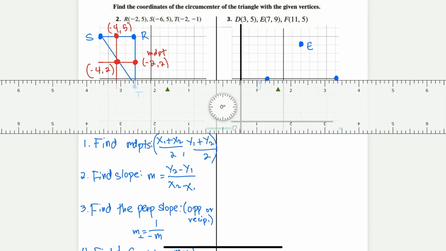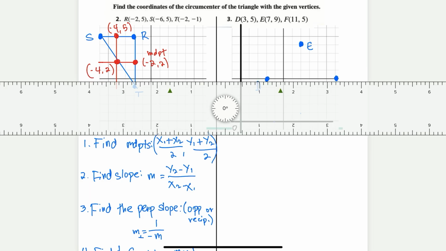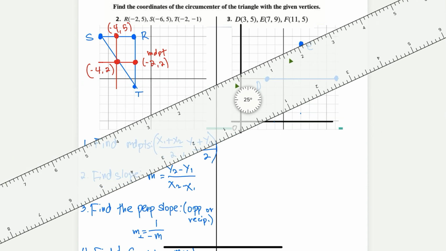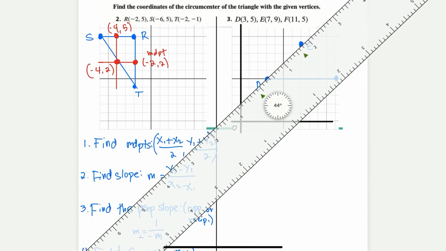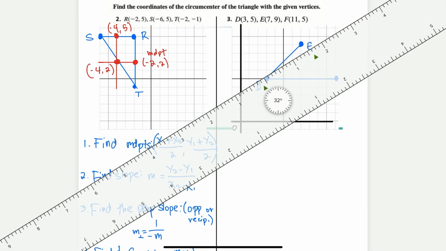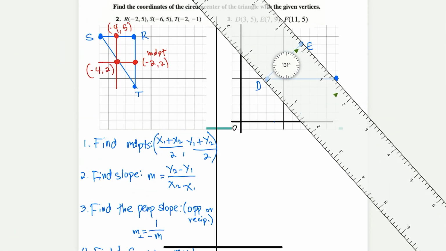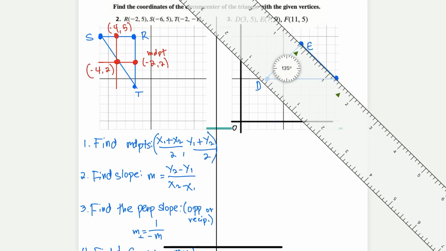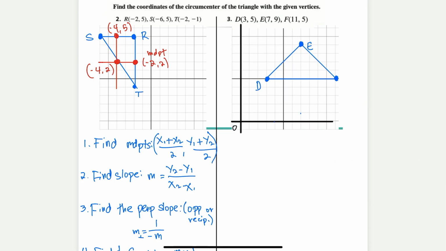So let me put a line on them. Okay, the other one, this part. Okay, now we have the triangle.